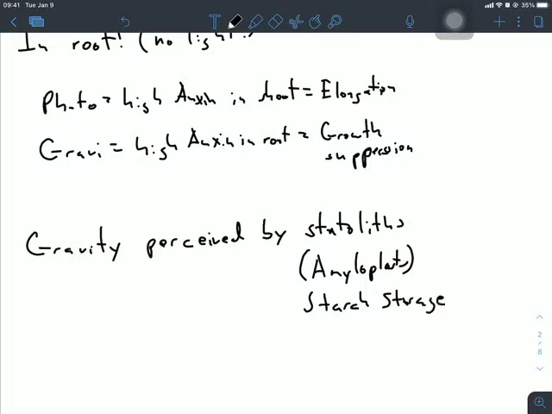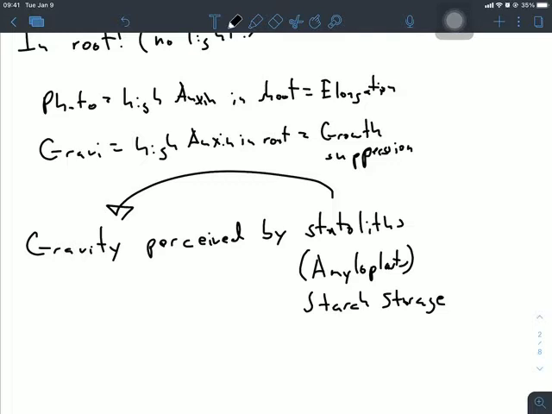And because they are a starch storage organelle floating in a liquid cell, they can sink. They can move towards the side of the cell that gravity is pulling them down towards. The statoliths respond to gravitational pulls.